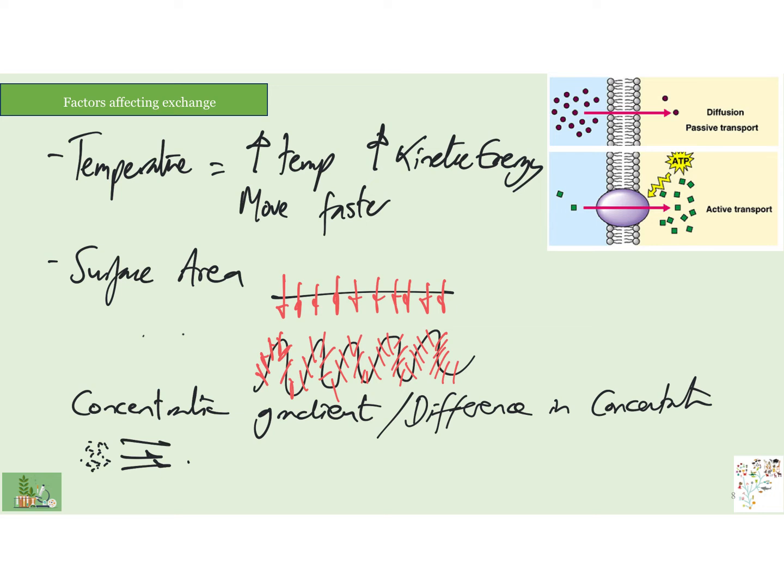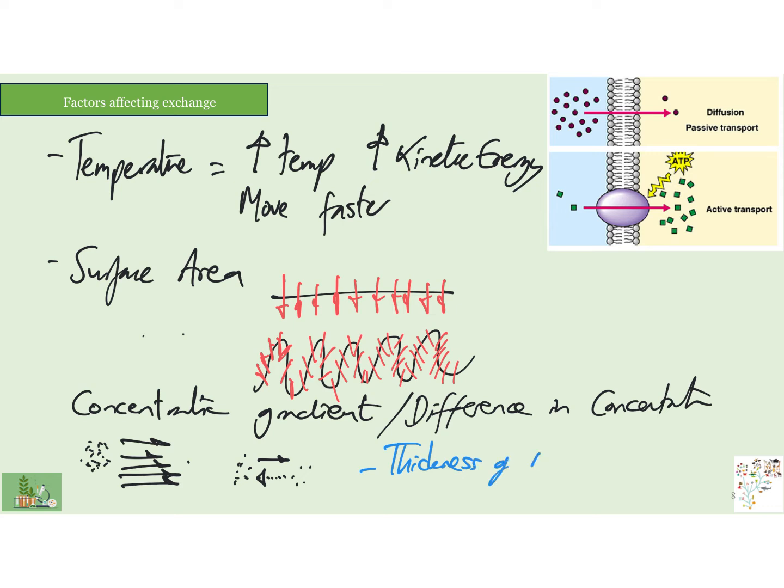So the probability of things moving from that way to that way is huge. However, if my concentration was like this, the probability of things moving this way is only slightly more than the probability of things moving that way. So the greater the difference in concentration, the faster the uptake.